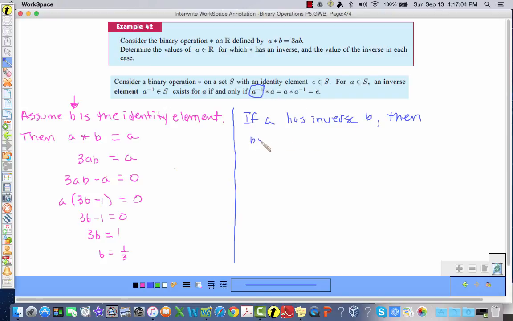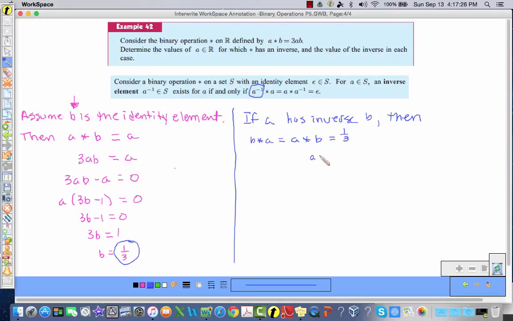Then B star A has to be equal to A star B, and again I'm replacing A negative 1 with B, which has to be equal to the identity element E, which we have found as 1/3.